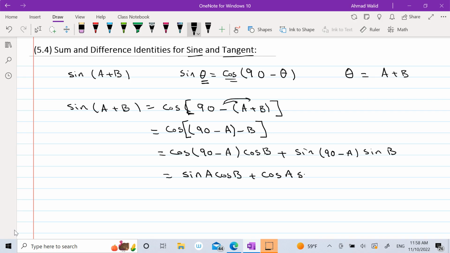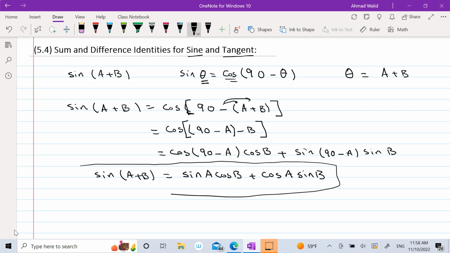And keep sine of b. Here you go. On this side, I have sine of a plus b. Again, you don't need that proof. You need only this to memorize.